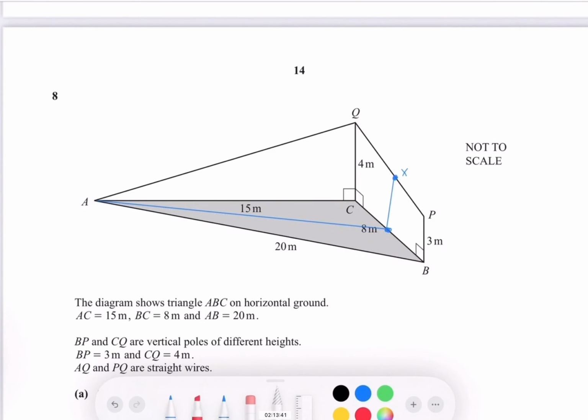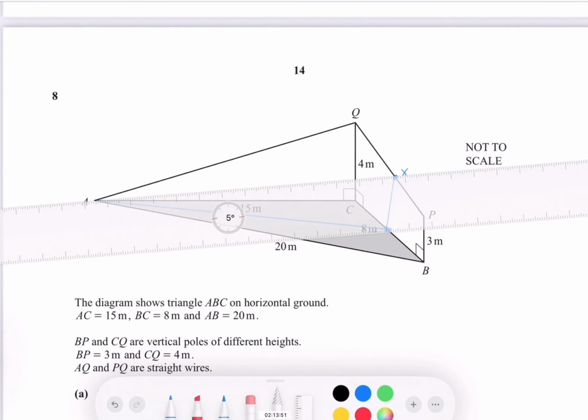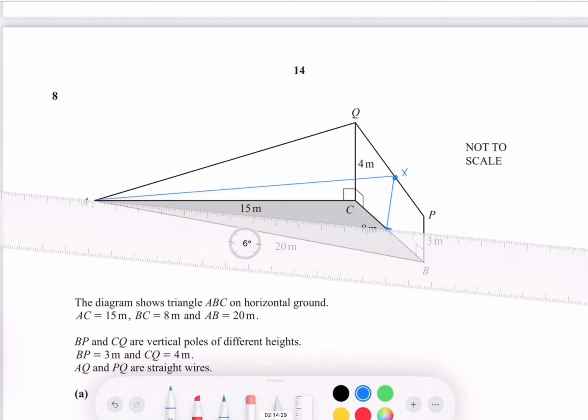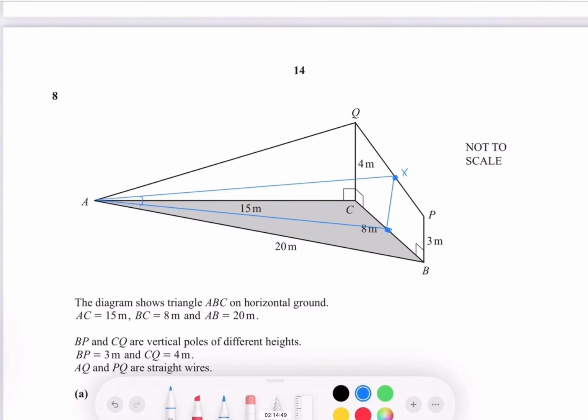And from A to X, this line, this is the angle which is demanded. So I name it Z, the midpoint of BC.